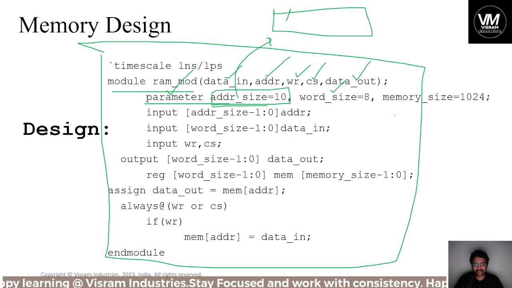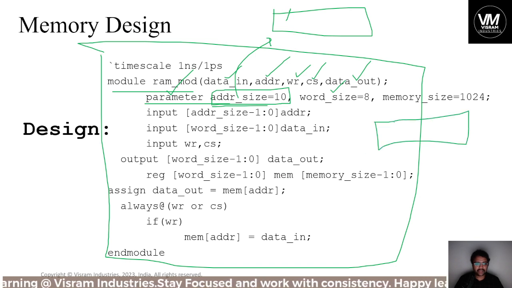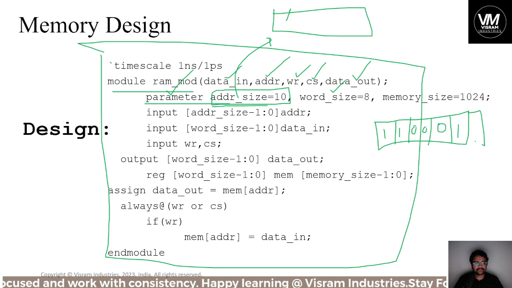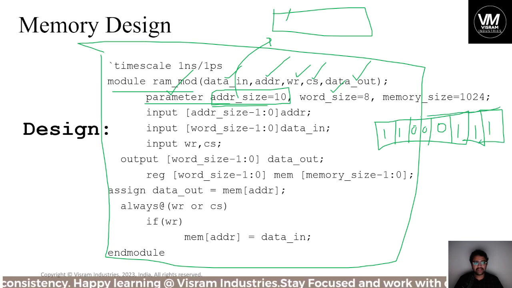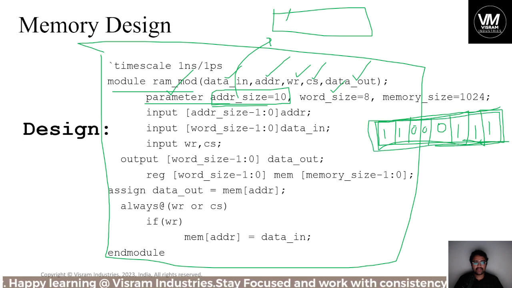That is nothing but, in the data information, if this is the array and you have 1 1 0 0 0 1 1, you have data of 8-bit. That is the word size.